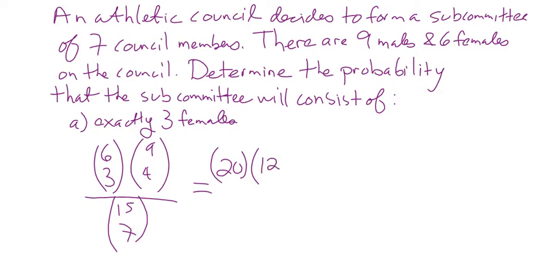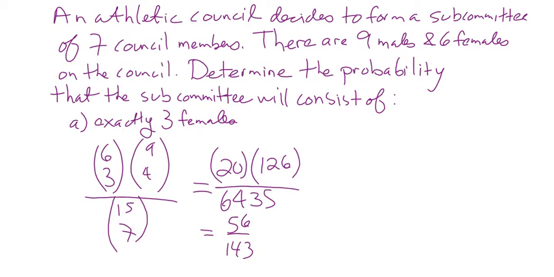And this is 126. 15 choose 7 is 6,435. And I got the numbers off the sheet. I didn't actually work that out. And that works out to, as a reduced fraction, 56 out of 143.